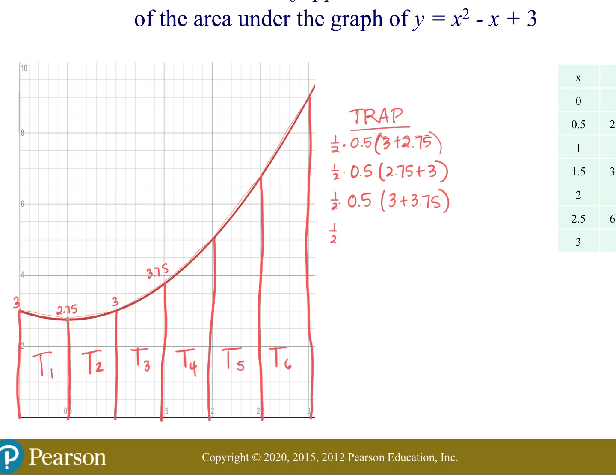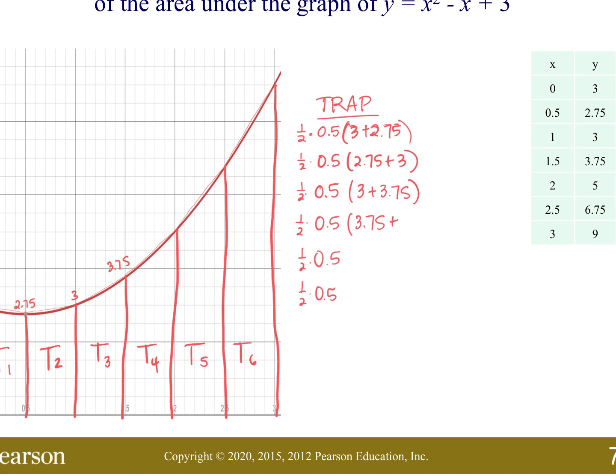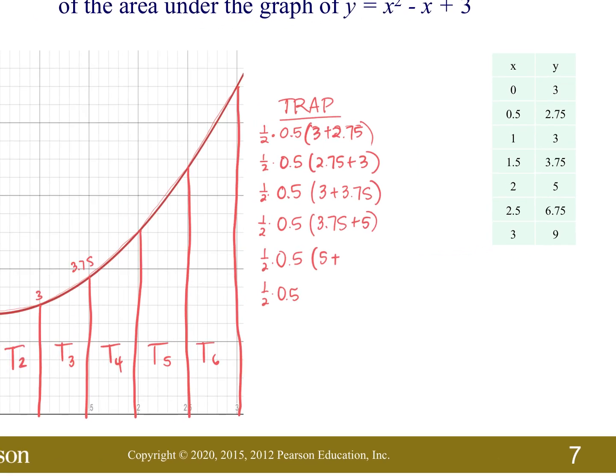So all of them are going to have a 1/2 and a 0.5 in the front, which will be common. And then we'll have 3.75 plus the next one, which is 5. And the next one will have 5 plus the next one, which is 6.75. And then we'll have 6.75 plus the last one, which is 9.